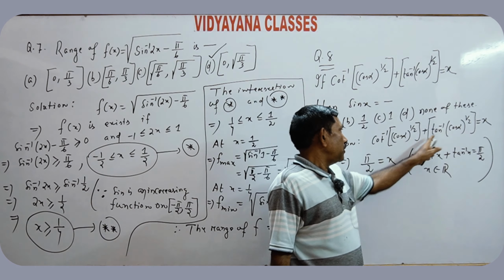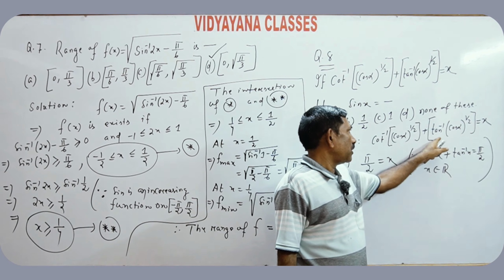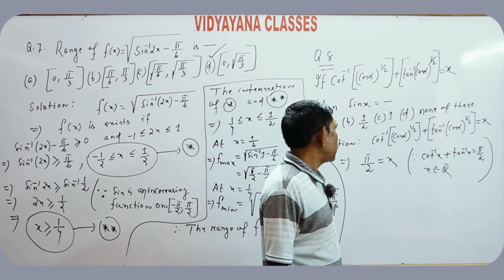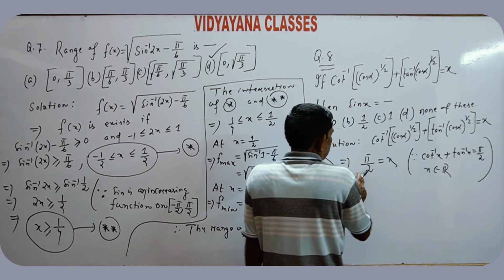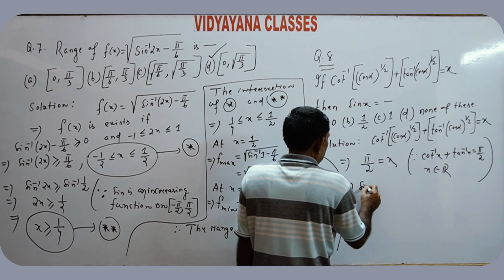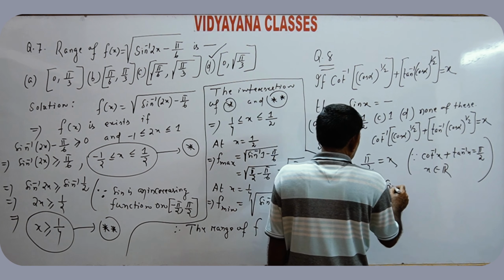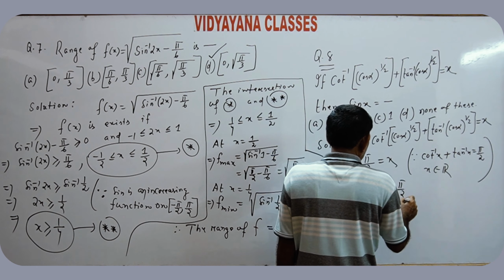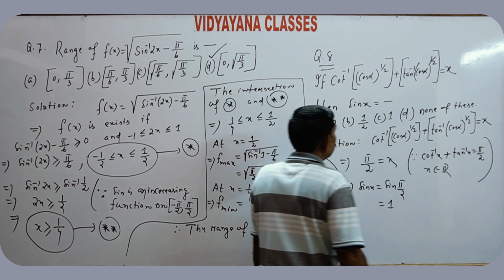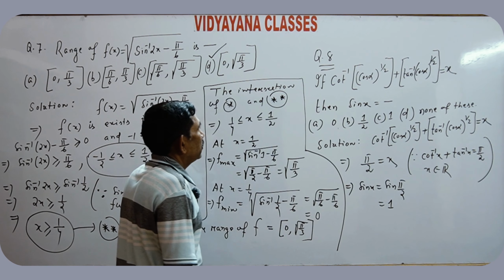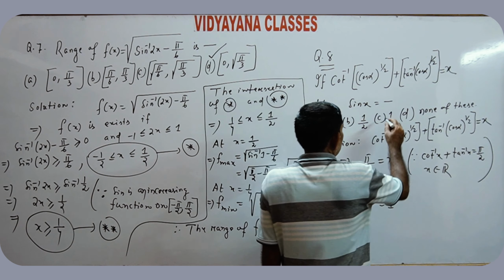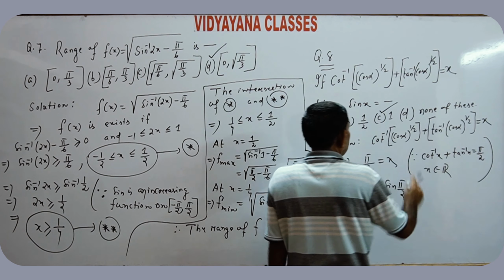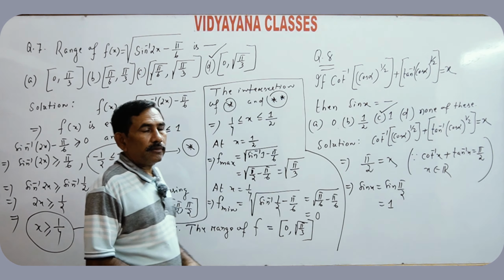So x is equal to pi by 2, sin x is equal to sin pi by 2, which is equal to 1. So the correct option is C, that is 1.